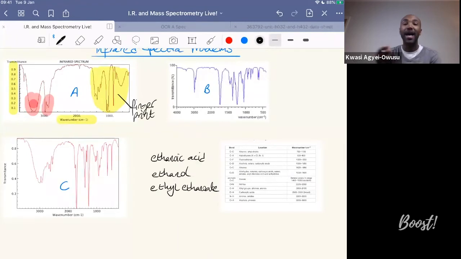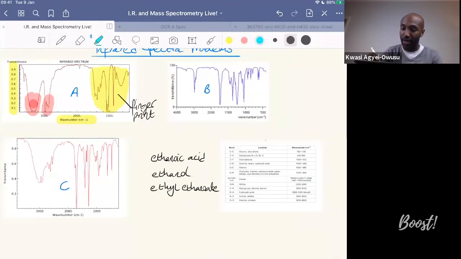If we were to compare this spectrum to spectra stored in a database and got a perfect match for the fingerprint region, then you would have identified this molecule, which would be matching whatever you had in your database. Okay, so in B, we've got quite a few absorbances to point out as well.